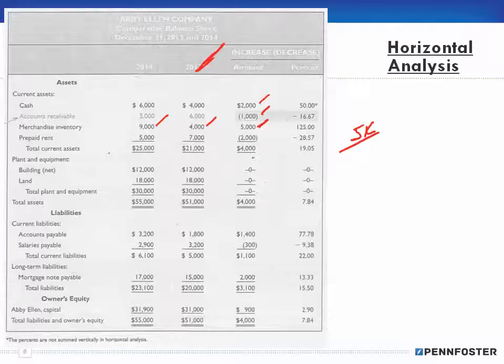For my base year, I have 4,000. So when I divide 5,000 by 4,000, I end up with a 125% increase. So you're able to have a greater than 100% on the statement, because it's the relationship for that account, for that line, that row, between the previous year and this year.